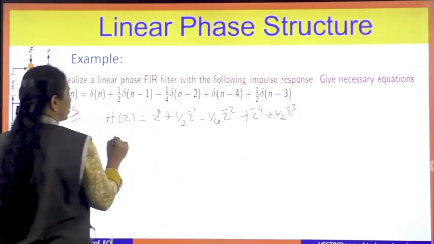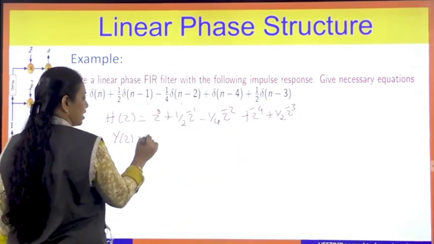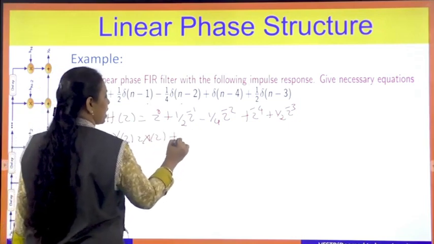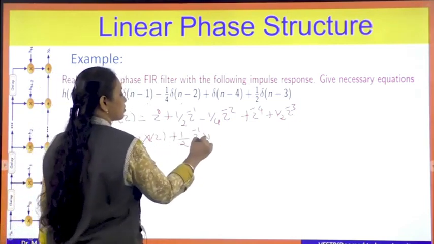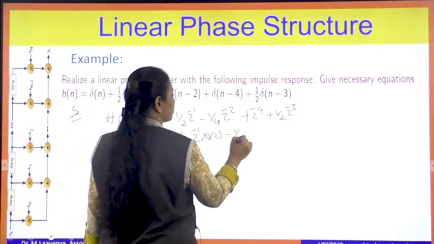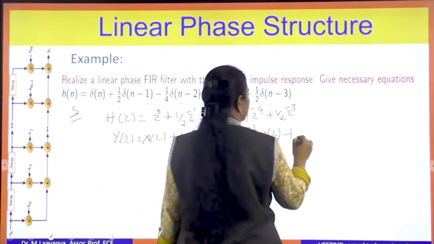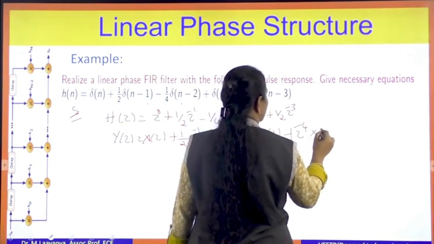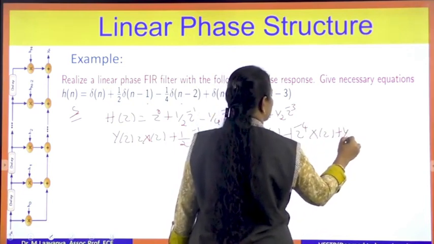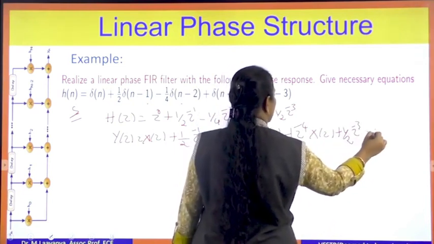So my Y of z will be X of z plus half z inverse X of z minus 1 by 4 z power minus 2 X of z plus z power minus 4 X of z plus 1 by 2 z power minus 3 X of z.